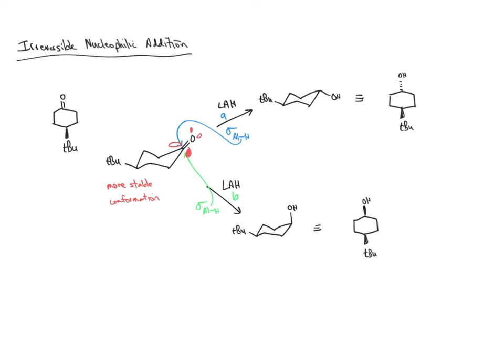All right, so let's take a look at what that might look like from a reaction coordinate diagram sense. Going to lead us to the trans product, label A.